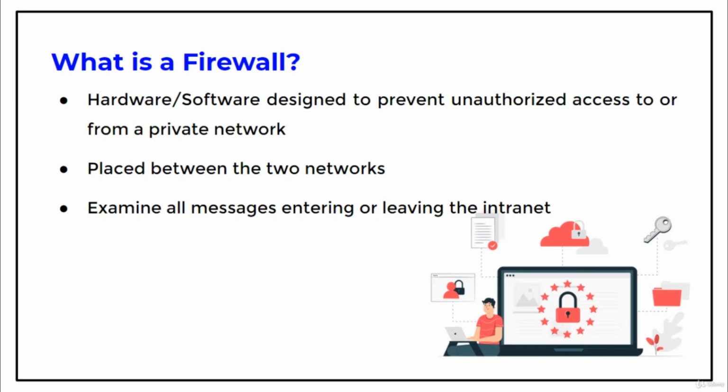So it is basically placed between 2 different networks. Before firewalls, network security was performed by access control lists, that is ACLs, residing on the routers. ACLs are rules that determine whether network access should be granted or denied to a specific IP address.